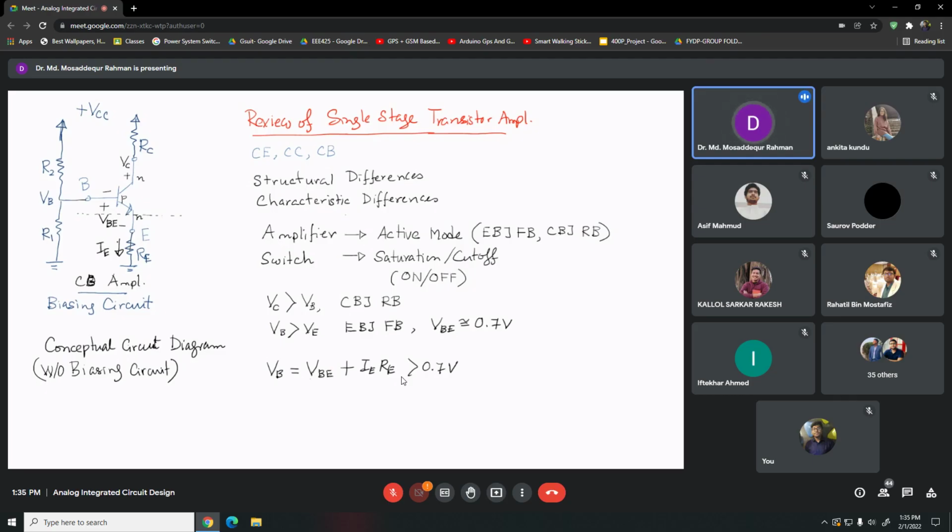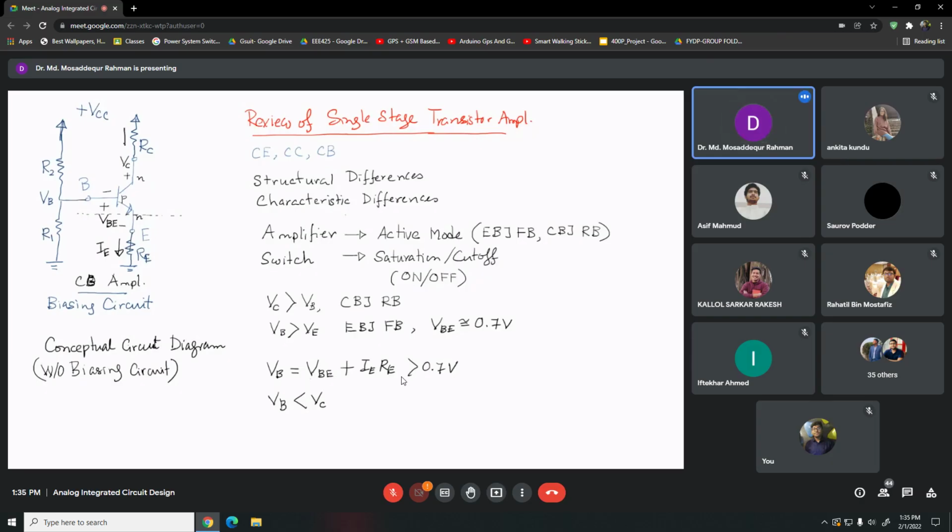So this junction is forward biased. And another thing is that VB is less than VC, right? So that junction is reverse biased. And what is VC?